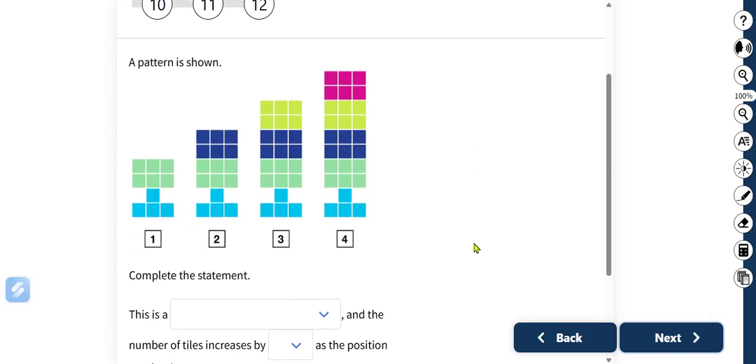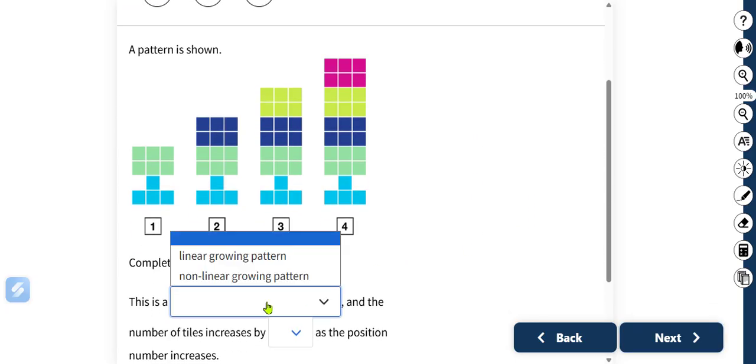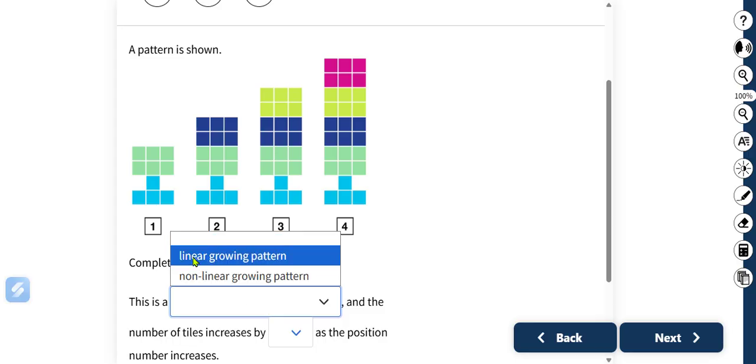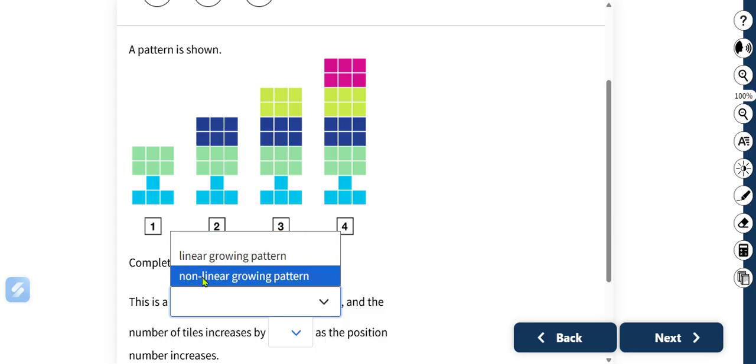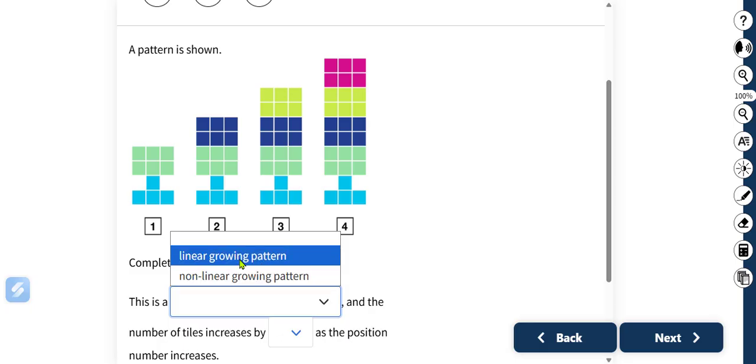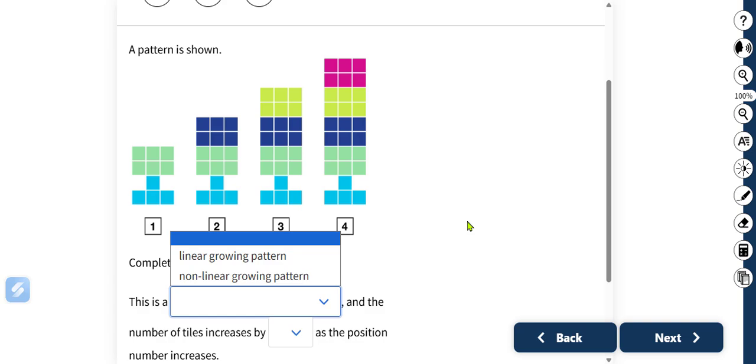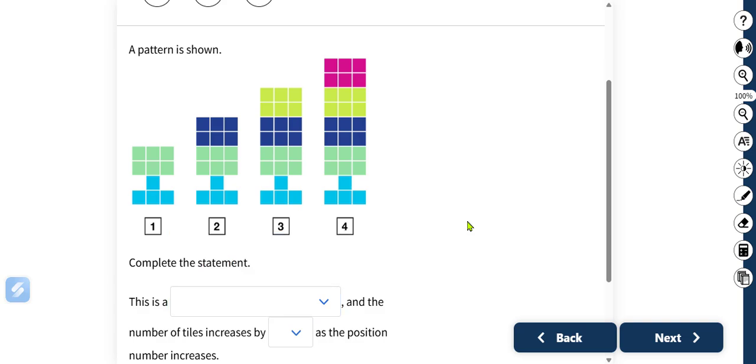Now the question here is to complete the statement. Here the options are linear growing pattern and non-linear growing pattern. The linear growing pattern is simply where there is constant increasing or decreasing. If the same amount increases or decreases, that's a linear growing pattern.